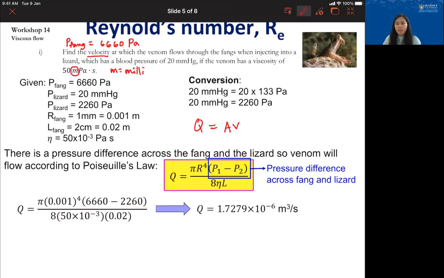Good, and once you know the flow rate from Poiseuille's equation, you can use the general definition for flow rate to find the speed. Q is equal to AV. A, of course, is the cross-sectional area of the fang through which the venom is delivered.